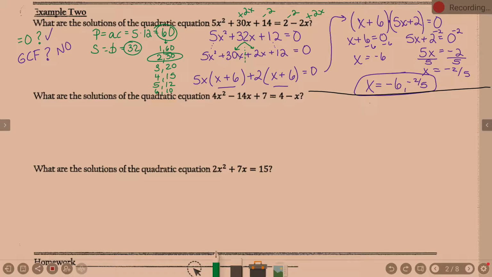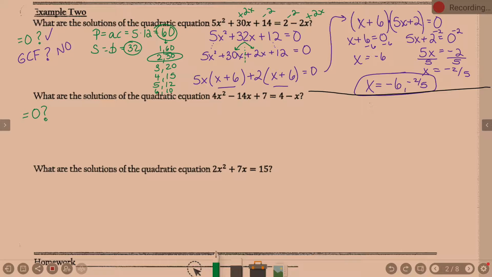Okay. 4x squared minus 14x plus 7 equals 4 minus x. What's that first step you're taking? Does it equal 0? No. And again, I like to keep my 4x squared positive.